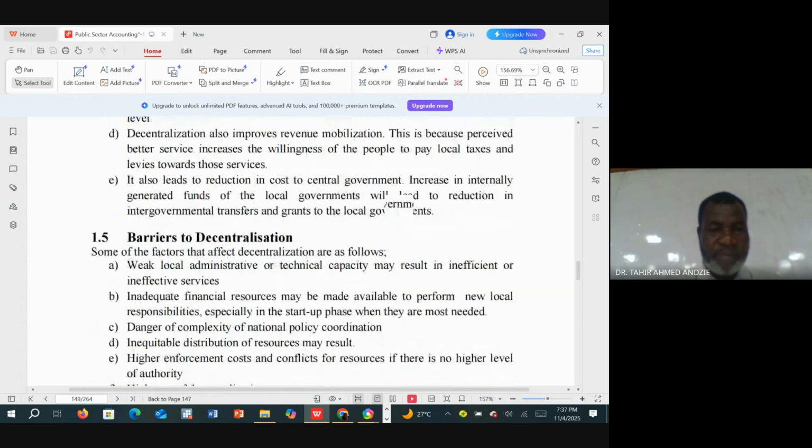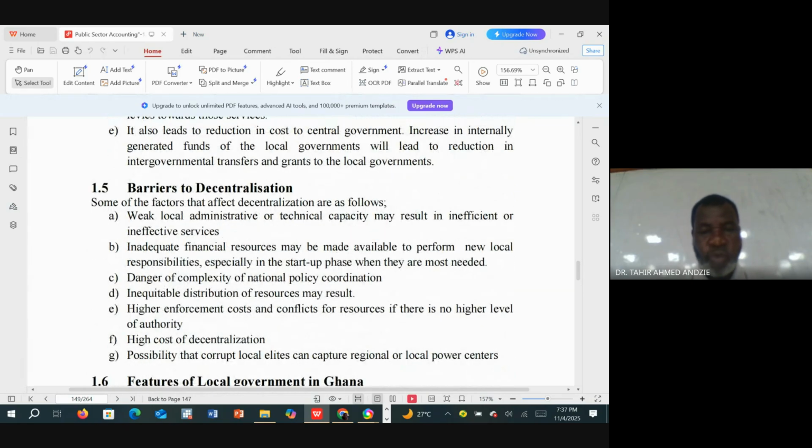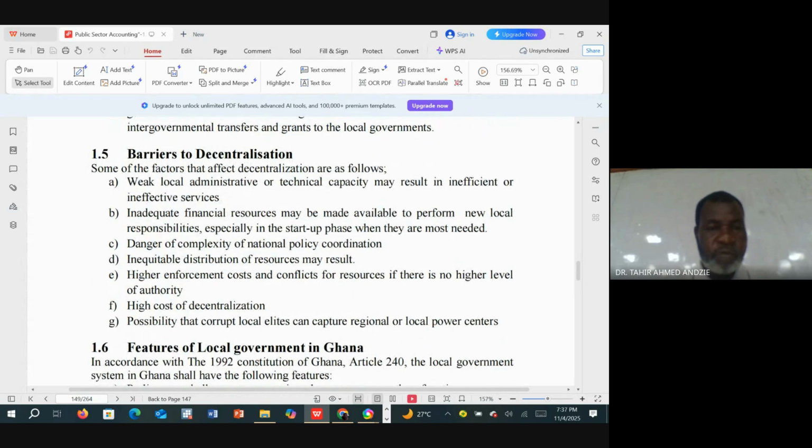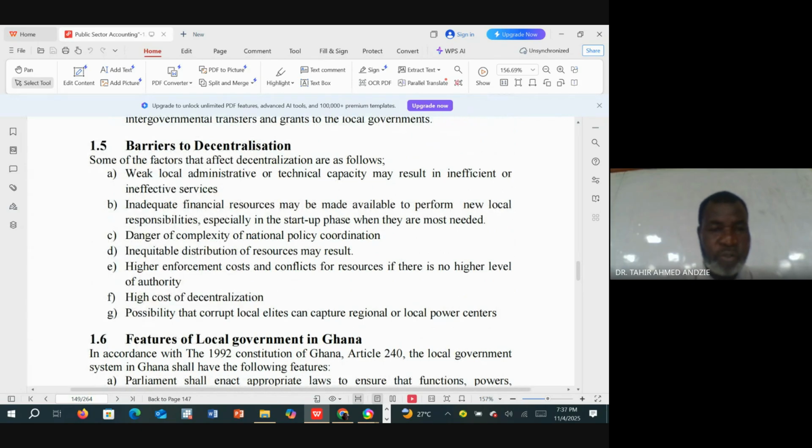Now let's look at the barriers to this assembly. Of course, once it has these advantages of decentralization, it will have disadvantages, which are the barriers. Some of the factors that affect the decentralization system in Ghana are as follows: weak local administration. Weak local administrative or technical capacity may result in inefficiencies or ineffective services.